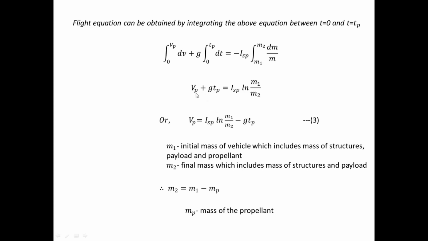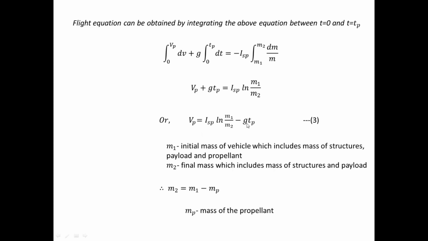This can again be written as Vp equal to Isp, the specific impulse, into the logarithm of m1 by m2, minus g Tp. So this is the rocket equation. Now m1 is the initial mass and m2 is the final mass. Tp is the period of time over which you are going to analyze.